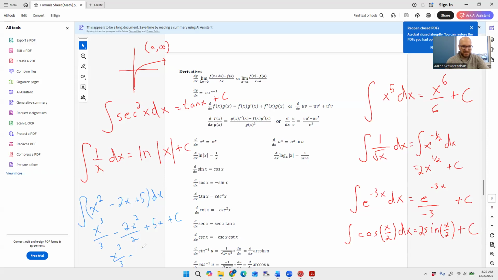The twos cancel. So this is my final answer. But this plus C was about if I had this and I said find the derivative, I would get, because some constant can go away. Right, it goes away, its derivative is 0.